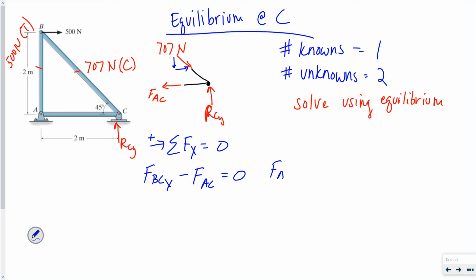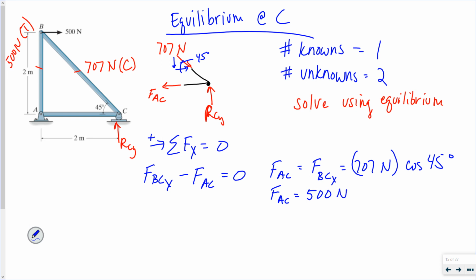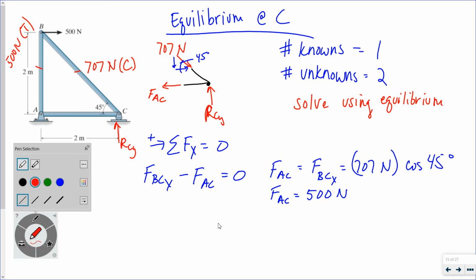So force in AC is the horizontal component of the force in BC, which is 707 newtons times, if that's 45 degrees, the cosine of 45. So FAC is 500 newtons. You see it's still positive, so it's in tension, because I assumed it was in tension and it came out positive.